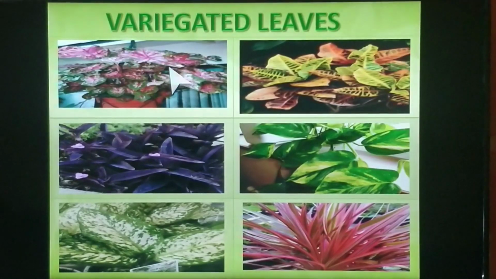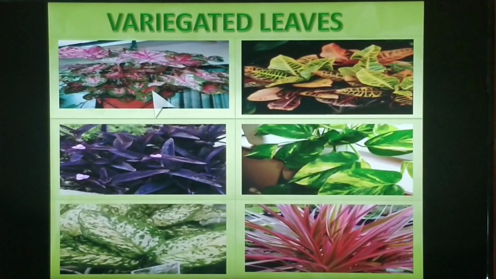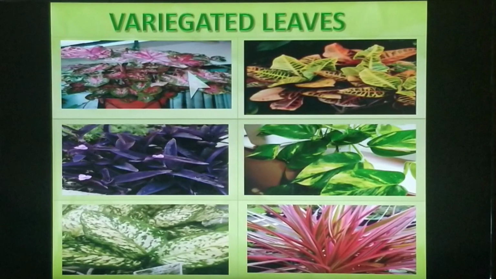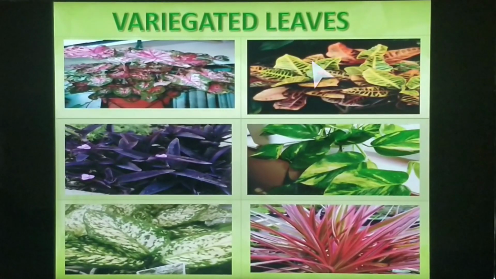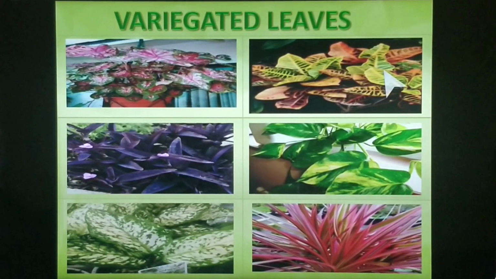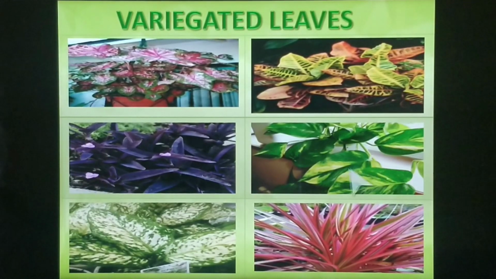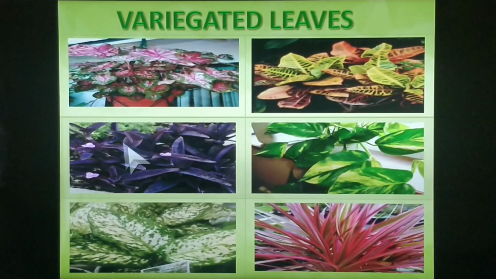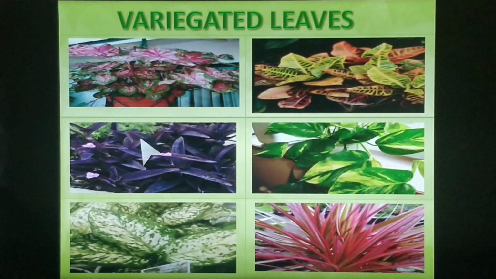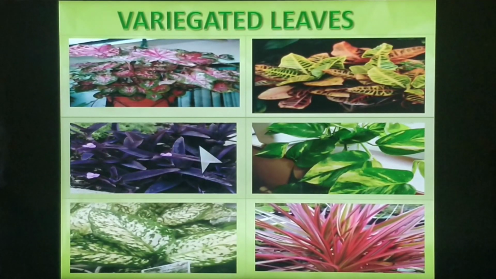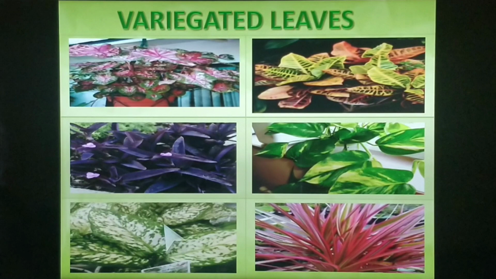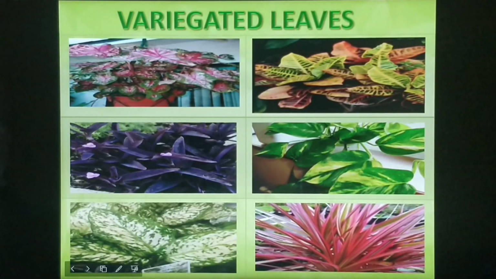Because of their various colors, they are also called the bleeding heart. These leaves are of the croton. This is a money plant. These leaves are of Tradescantia. These leaves are of Dieffenbachia. These are of Dracaena.